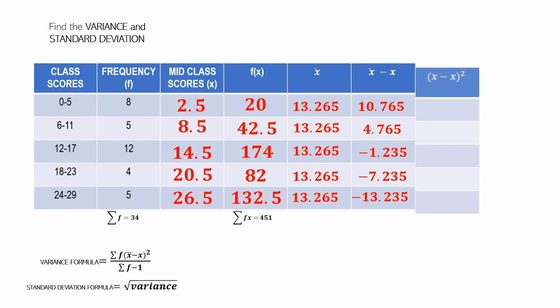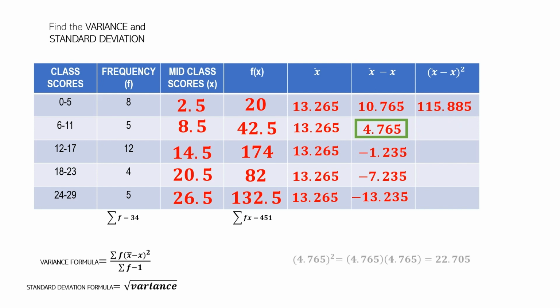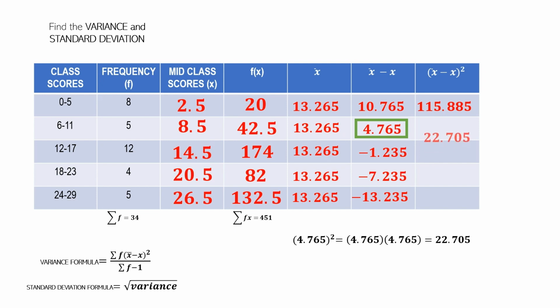Next, we add another column labeled as the square of the difference of the mean and mid-class scores. First, 10.765 squared, or 10.765 times 10.765, is 115.885. Second, 4.765 squared is 22.705.